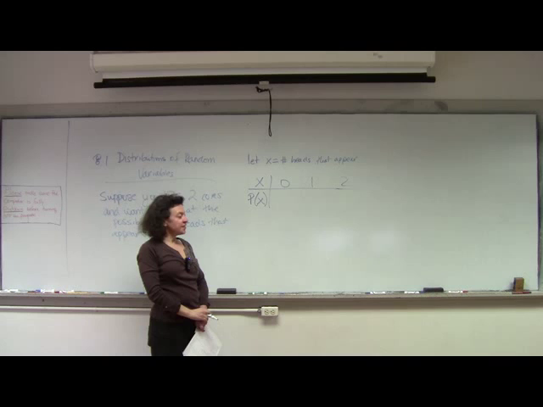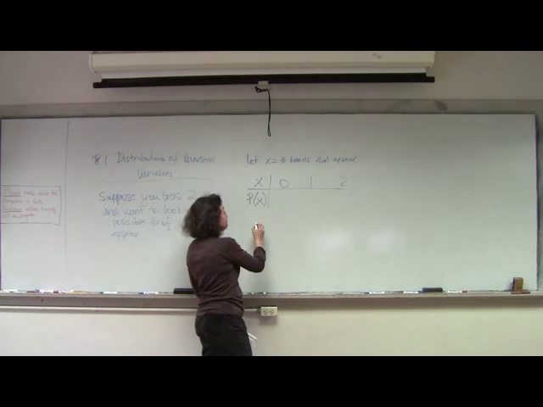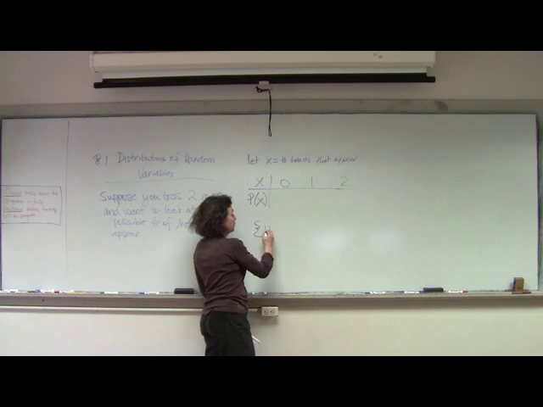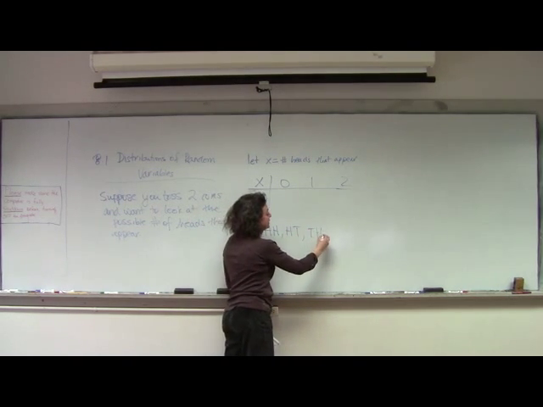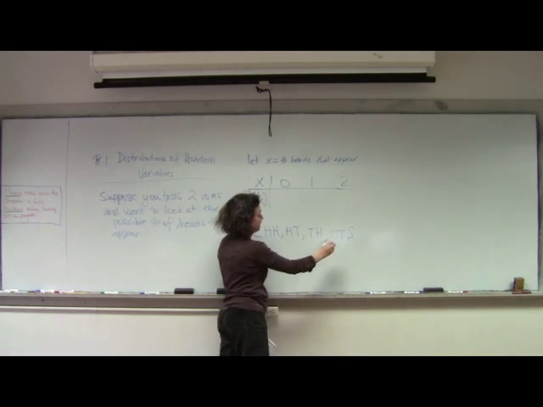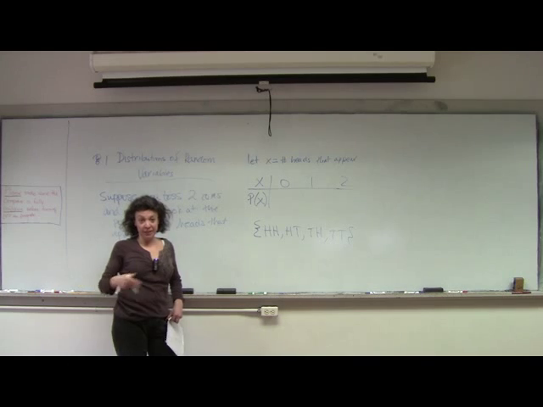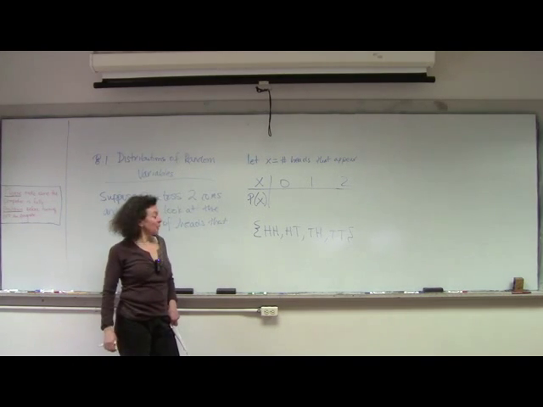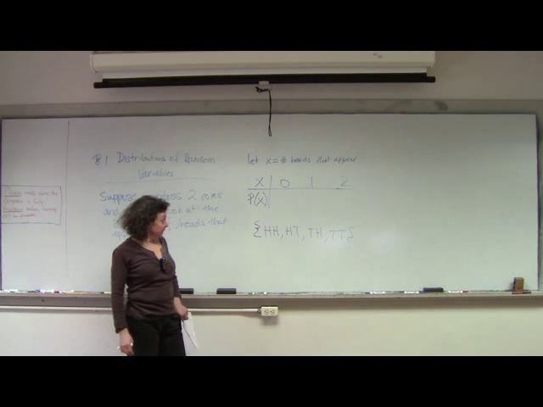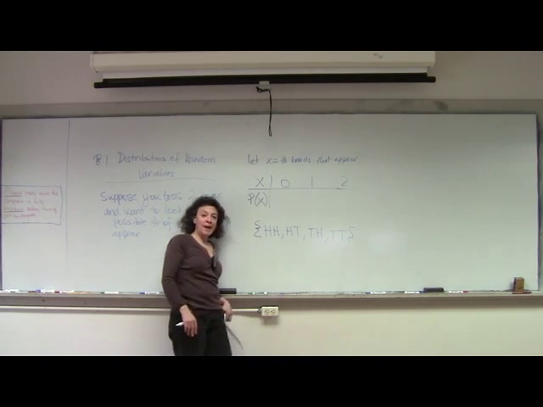Now, this is the type of guy we can actually even just write out our sample space for. I mean, what could we have? We could have head, head, head, tail, tail, head, or tail, tail. Most of these we're actually going to be using combinations, but this is one where we could just write out our sample space. So, what is the probability of getting 0 heads?